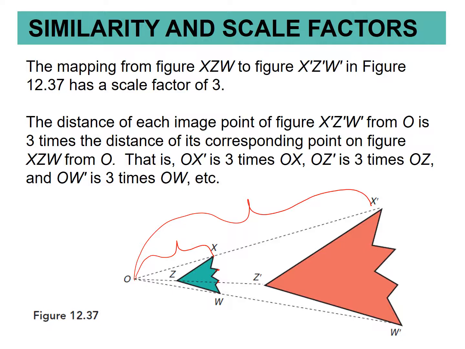And that happens between every point on the image and its corresponding point on the figure. Also, this line segment CX will be a third of this line segment Z prime X prime. So the figure is 3 times larger as far as its length than the figure we started out with.